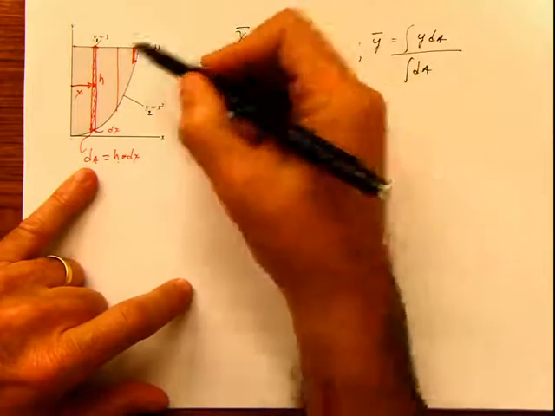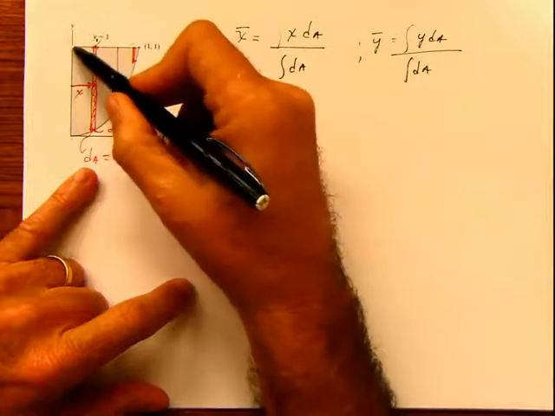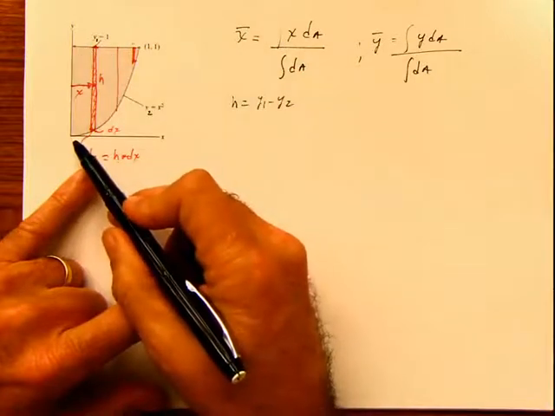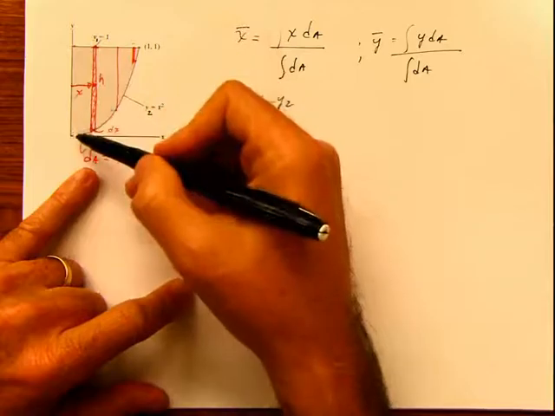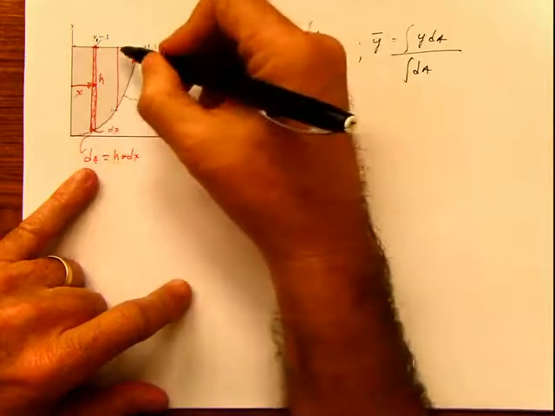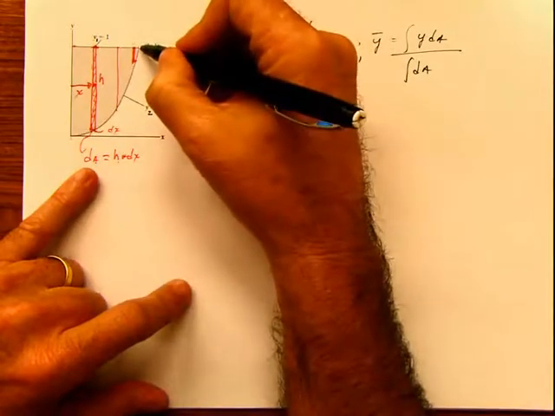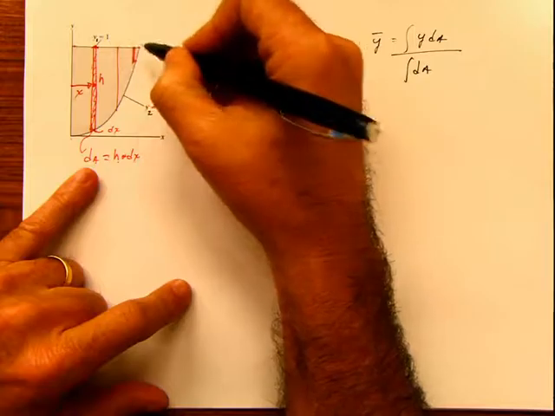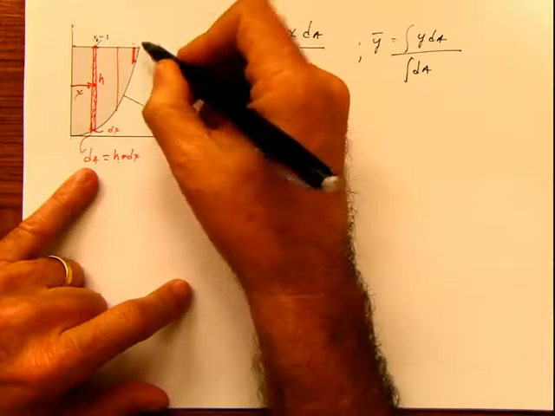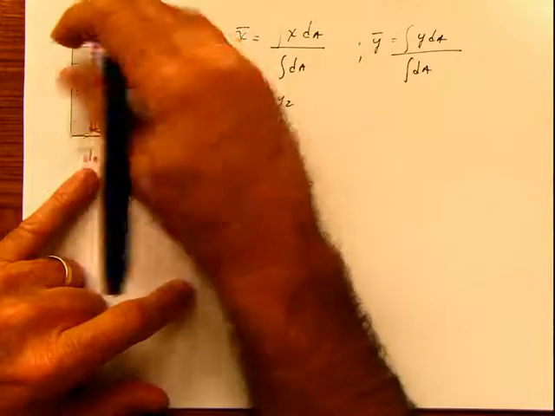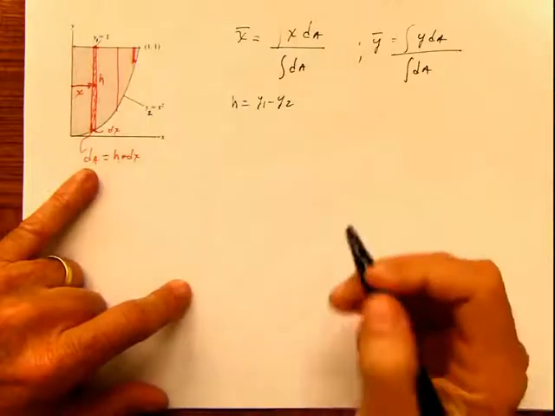Check it out: for this point, y1 is 1 and y2 is 0, so the total height is 1, which is correct. At this point here, y1 is 1 but y2 is also 1, and the height is 0. So yes, it's defined by these two lines perfectly.